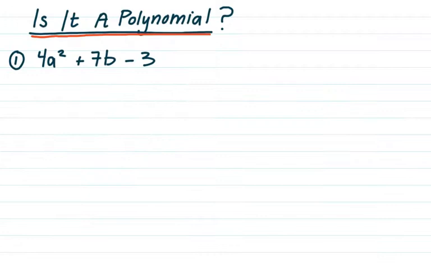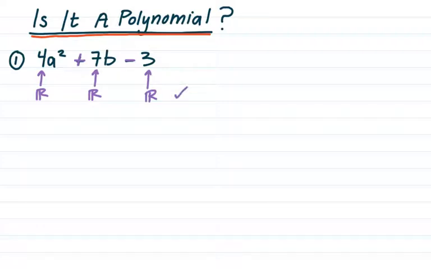Let's look at a few more examples. A common question, you'll be given an expression, and they'll ask you, is it a polynomial? Well, remember the definition. Firstly, it has to be adding or subtracting different terms, which we see here. Now the terms should have coefficients, that's numbers that are real numbers. This is a real number, this is a real number, this is a real number.